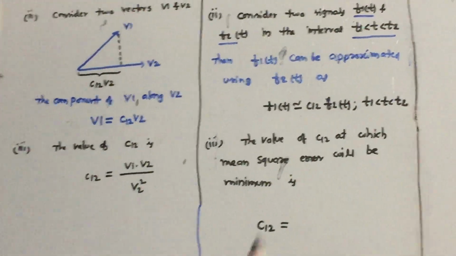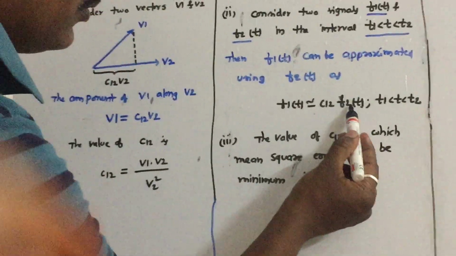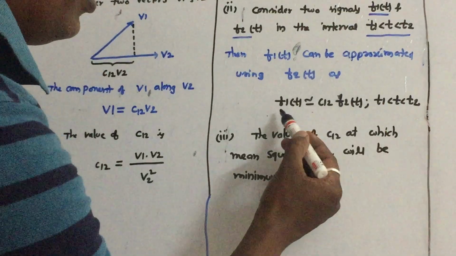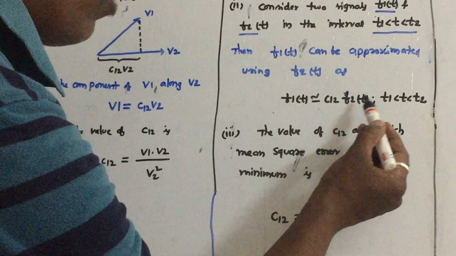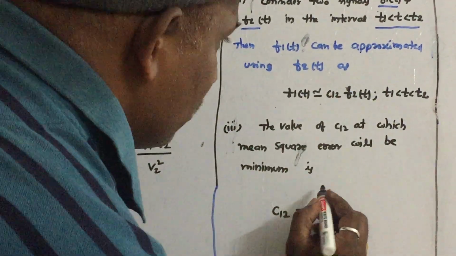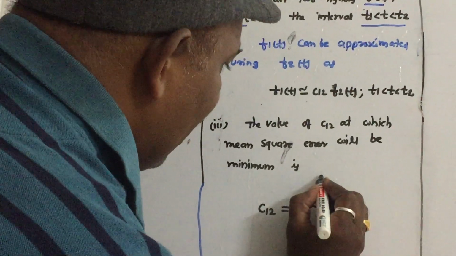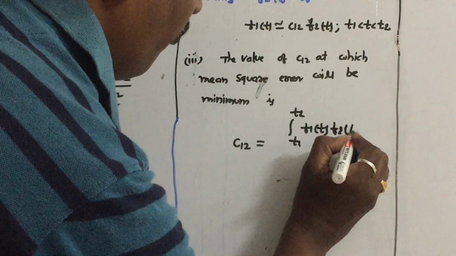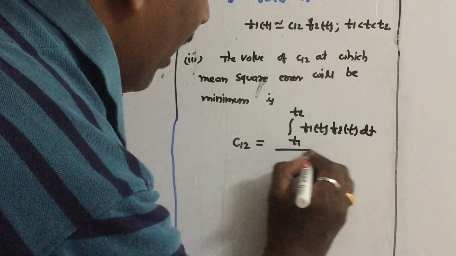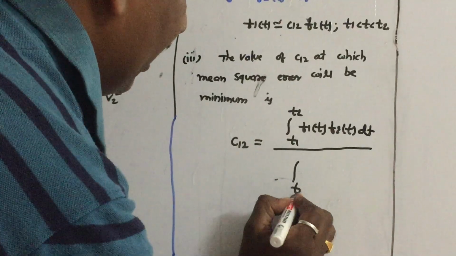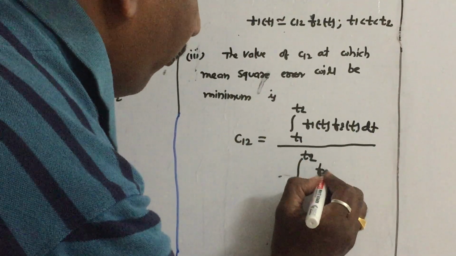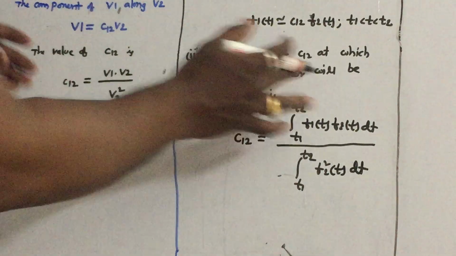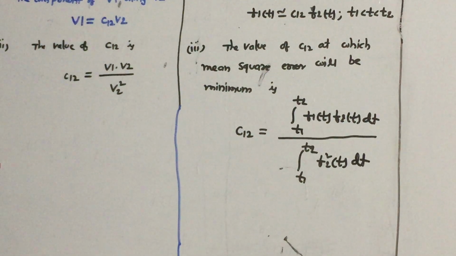Same analogy: integral t1 to t2 of F1 of t into F2 of t dt by integral t1 to t2 of F2 square of t dt, similar to vectors. So this is the analogy between vectors and signals.